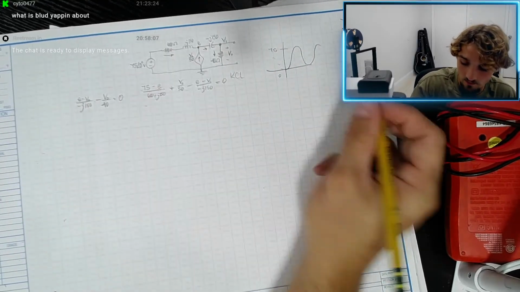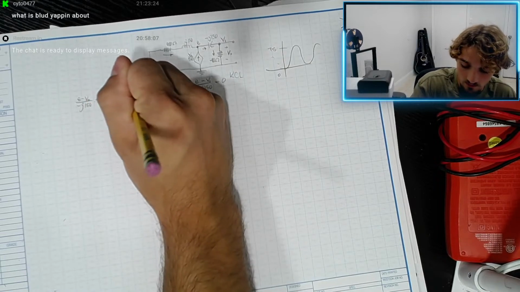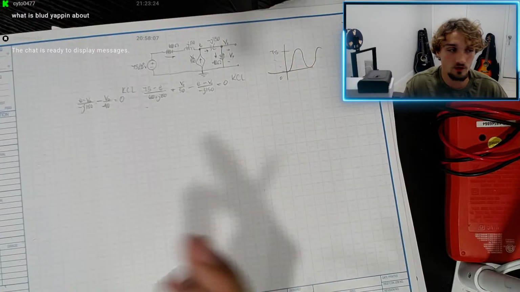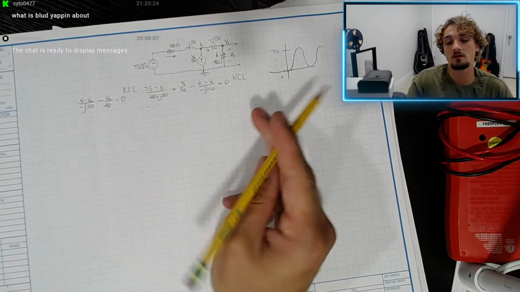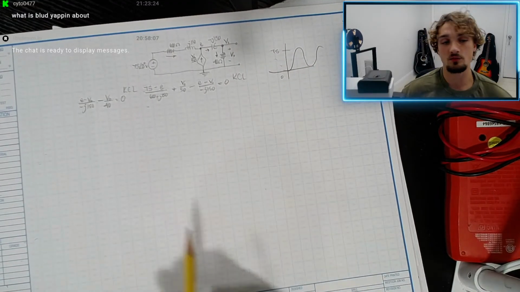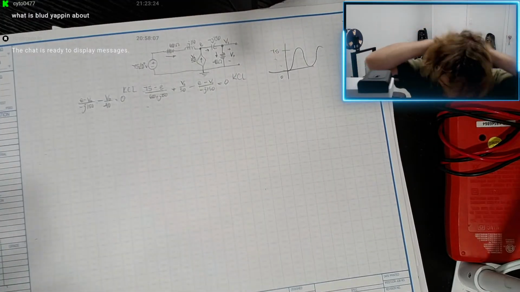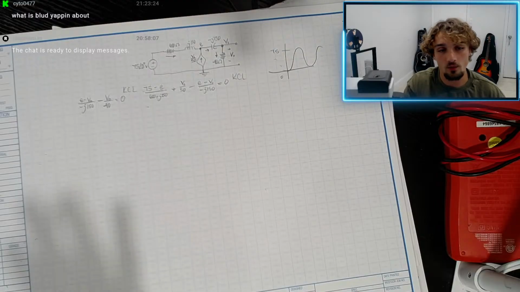According to KCL. That's Kirchhoff's current law. It's a physical law. You can't really change it. It just is what it is. There's nothing you can do about it, okay?